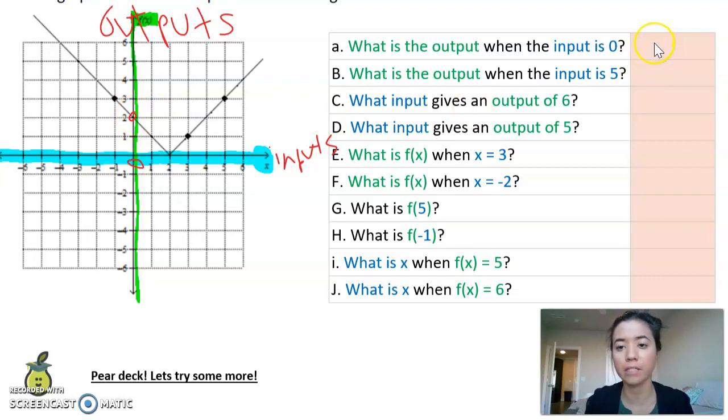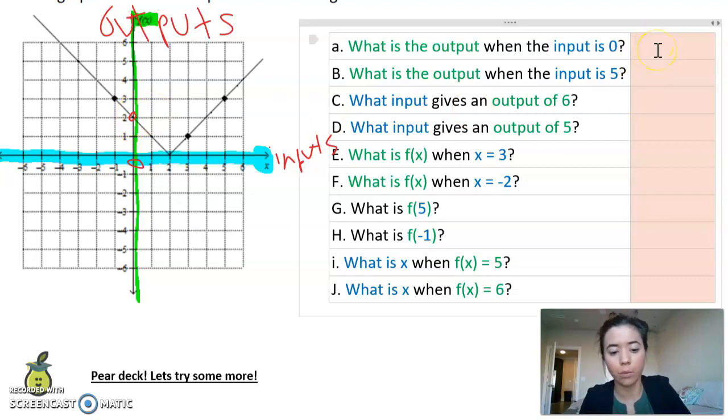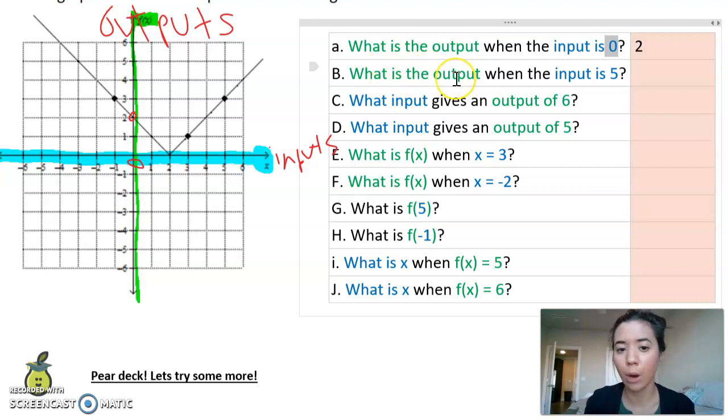That means my output was 2. Again, I found this number on the x-axis, because that is my input. 0 is right here. And then I moved up to see where it crossed my line, and that was at 2.